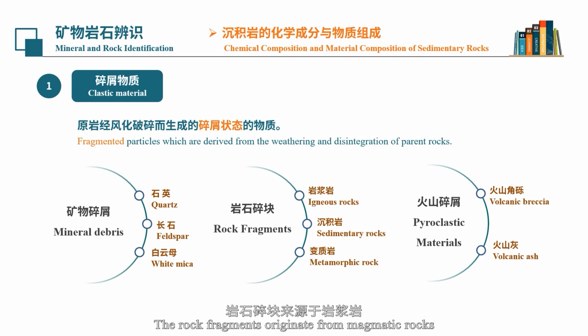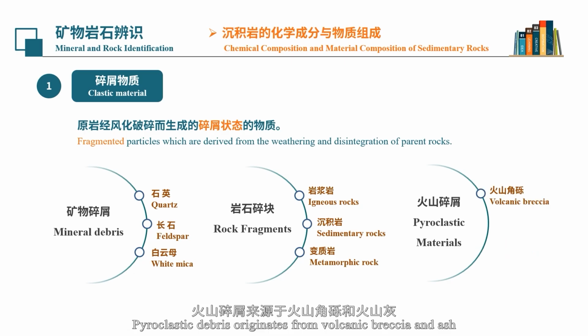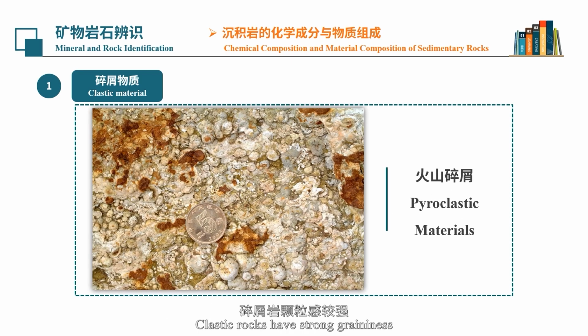The rock fragments originate from magmatic rocks and older sedimentary and metamorphic rocks. Pyroclastic debris originates from volcanic breccia and ash. Clastic rocks have strong graininess. The picture shows pyroclastic rocks. It can be clearly seen that the rocks are composed of aggregates of debris.